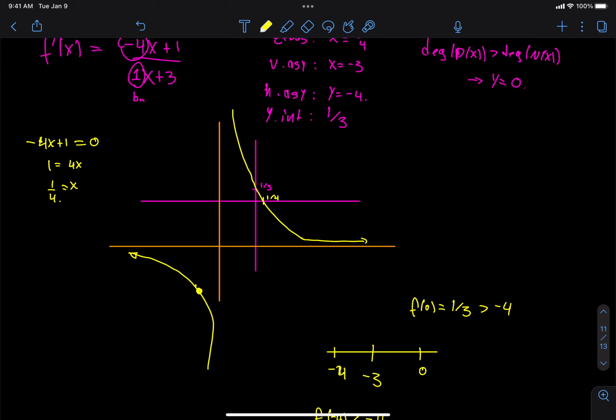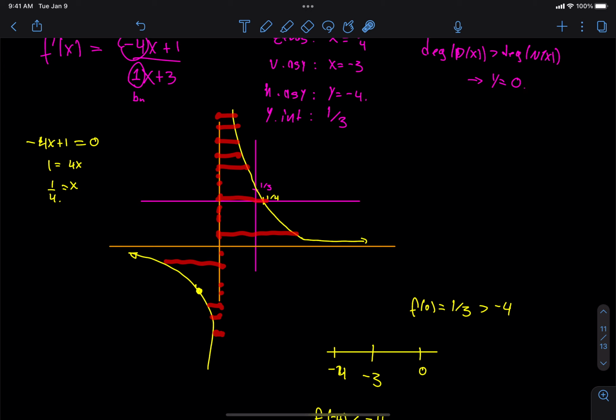Okay, the function height will never be -4. But every other height, you can find an x value which gives you that height, okay? You just need to go over and see, that height is hit, that height's hit, this height is hit on the other side, and so on and so forth.